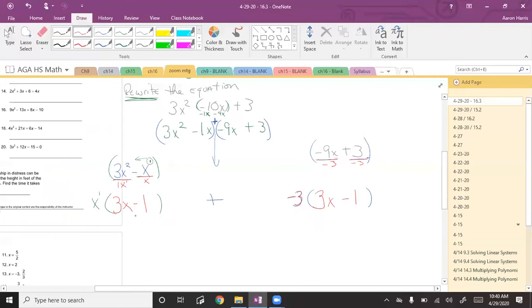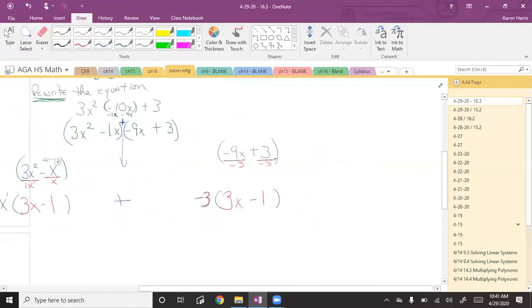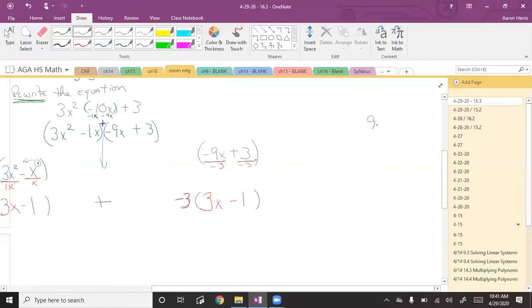Here's 3x minus 1. Here's 3x minus 1. Imagine I'm going to do another problem over here, -9x plus 3. I put in parentheses, put my parentheses. Let's say I pulled out a +3. If I pull out +3, I divide by 3. -9 divided by 3 is -3x. 3 divided by 3 is +1.